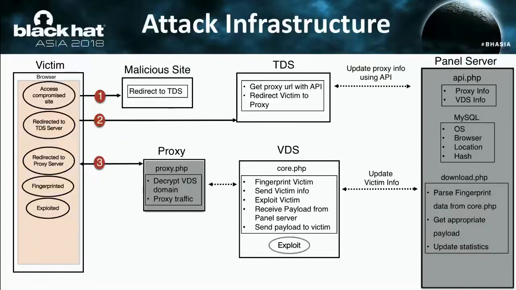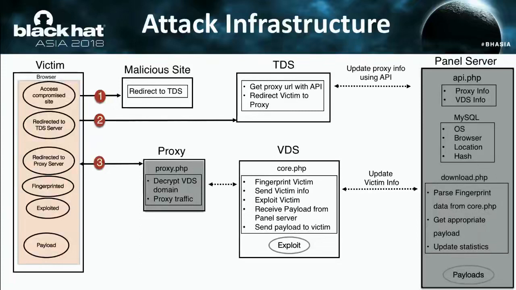What download.php is doing is trying to get the appropriate payload or malware for the victim. And finally, the malware, also called the payload, is downloaded to the victim, and the victim is infected with malware.